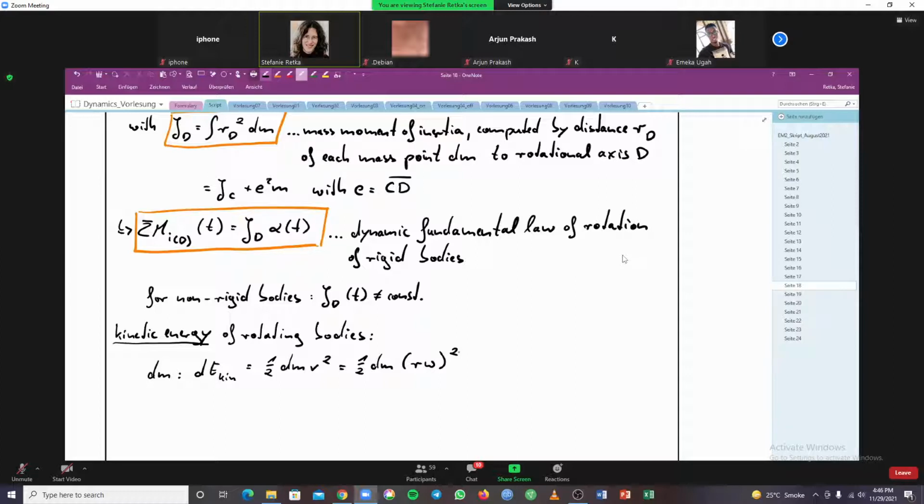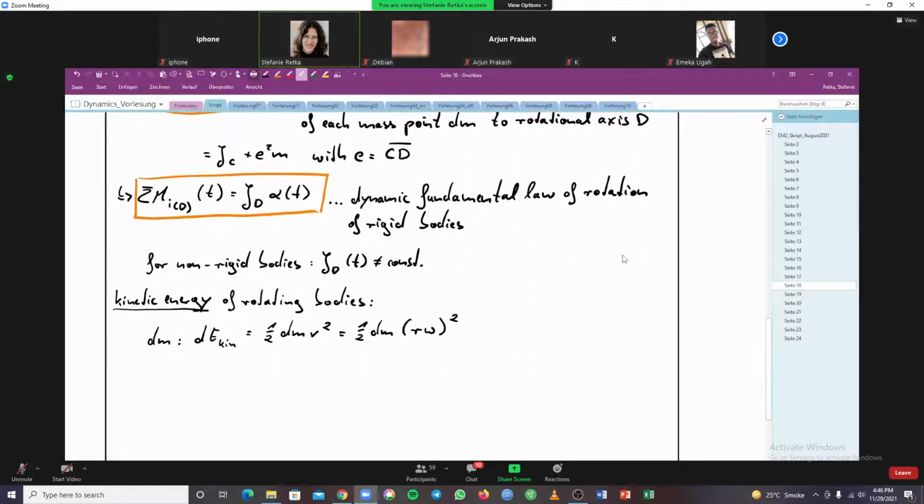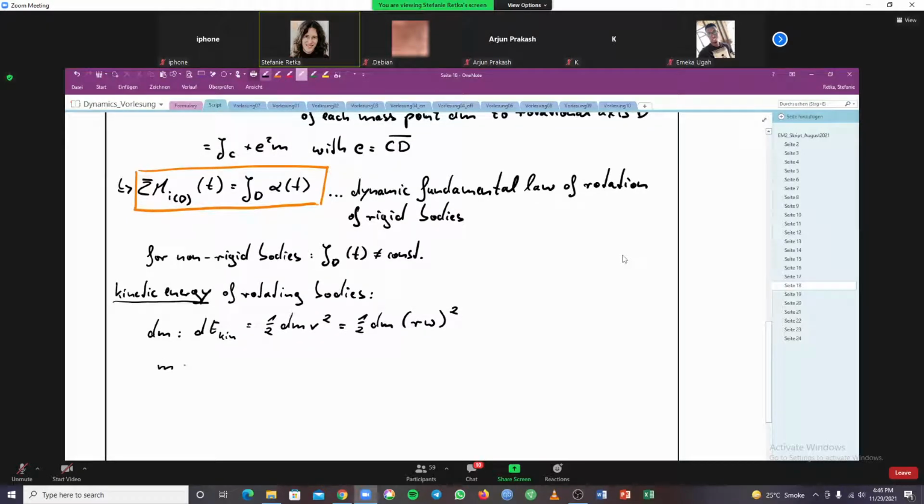And now, when we consider the entire object, we have to integrate over the kinetic energy. And then we have 1/2 r squared omega squared dm. And again, our angular velocity, omega, doesn't change when considering different mass elements.